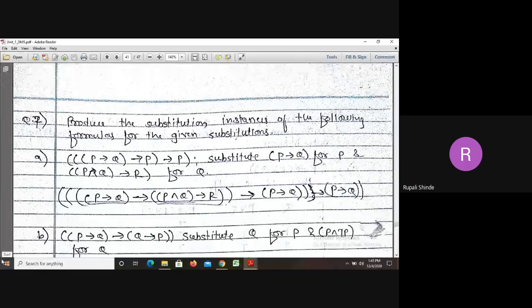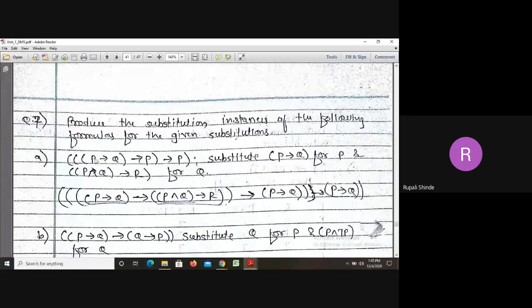Next question is based on substitution instance. Again, we have seen what is the meaning of substitution instance. Produce the substitution instance of the following formulas for given substitutions.